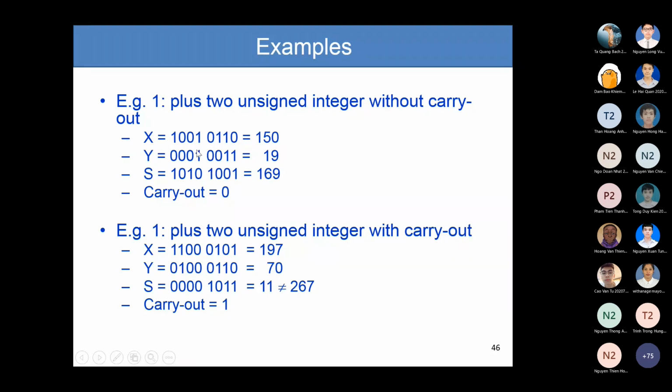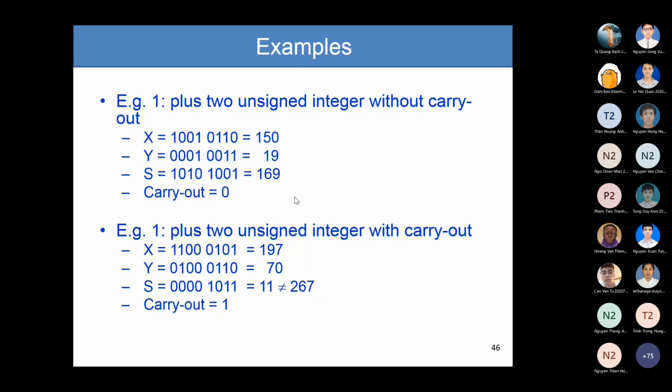Okay, 1 plus 1, remember 1 here. 1 plus 0 equal to 1, right? So in this operation, at the last step, we don't have any remembered bit. So the result s equal to 1 0 1 0 1 0 0 1, which equals 169 in the decimal system. It means the result is correct because at the last step there is no carry. Carry out equal to 0, and the result is correct.